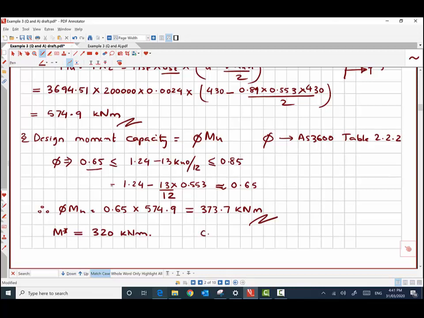That means phi Mu is still greater than M star. So it does satisfy the ultimate strength design equation. The strength requirement is satisfied because your design moment capacity is 373.7, but your external moment, which is given in the question, is only 320. That means the beam satisfies the strength requirement.